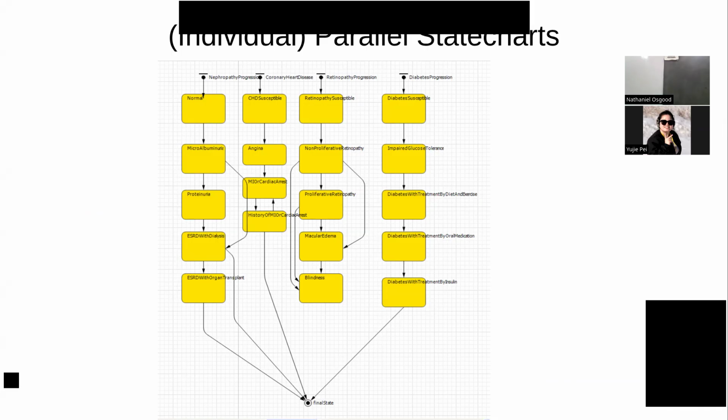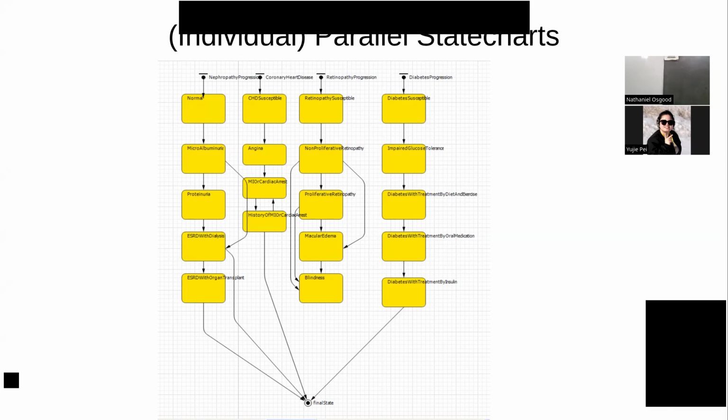But they're going to be in a single state, for example, with respect to this nephropathy state chart, so kidney related functions, with respect to this coronary heart disease state chart, with respect to eye disease that might be caused by diabetes, and with respect to diabetes. So they're in at any one point a certain state here. That's not to say that these are statistically independent. Based on the drivers going on here, maybe when someone develops diabetes, their chance of progressing along this becomes much higher.